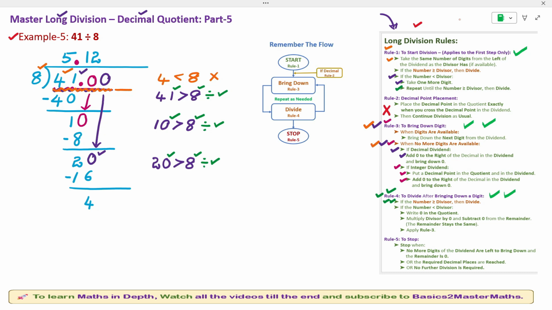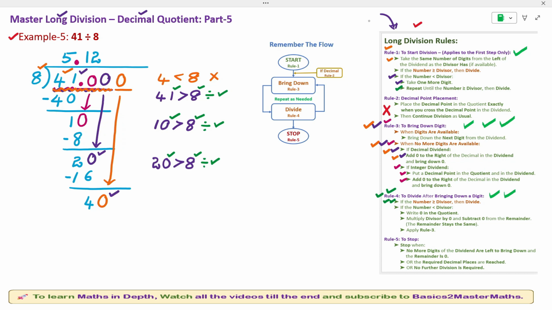When no more digits are available, if decimal dividend, then put 0 to the right of the decimal in the dividend and bring down 0. Got it? Now, rule 3 is complete third time.